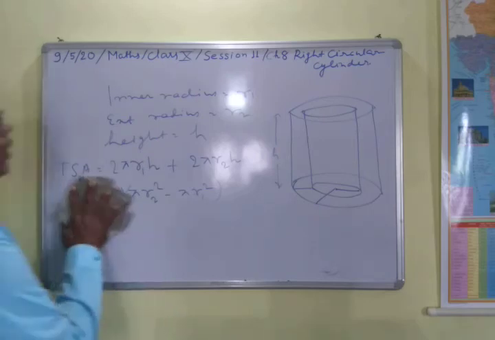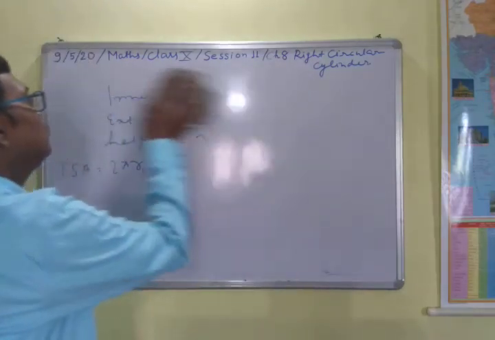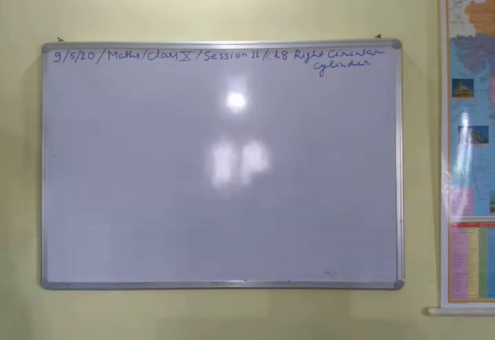Now I will take one question here, how to do the question. For example, take a question like there is a steel sheet, and we have to make a cylinder or drum, and in this we have to have the cover also, and you are given the diameter here.